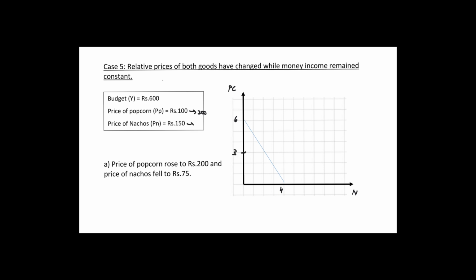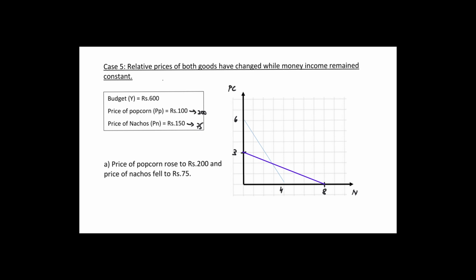And nachos' price has gone down 50% to 75. This is 50, right? So if you do 600 divided by 75, I think you get about 8. Okay. And so as a result, when I draw, this is how my budget line looks now.